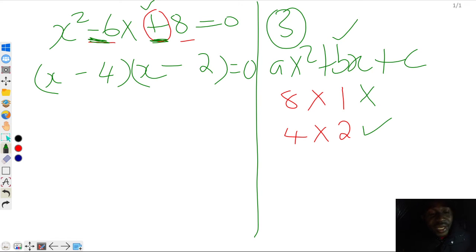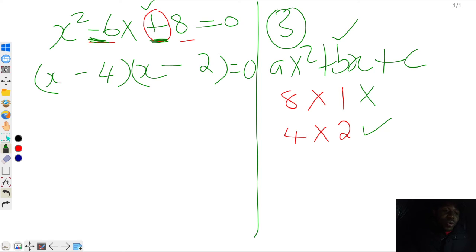In case it is a negative sign, let's just assume it was negative. Then the signs would be different. And if they are different, how do we know where the plus or the minus go? This is how we know. We give the sign of the middle number to the biggest number.